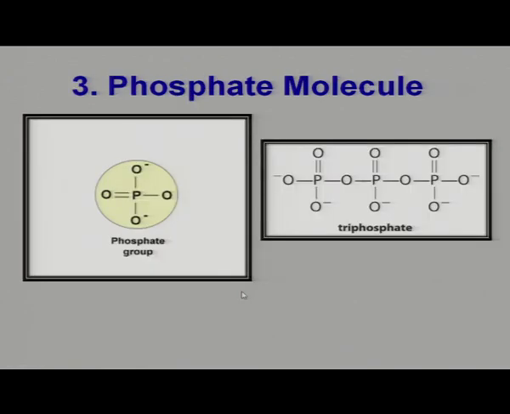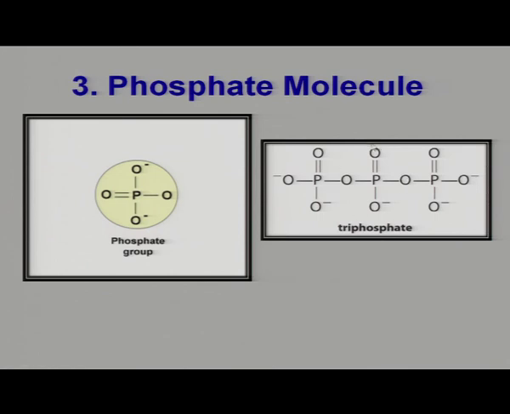The third major component of DNA is the phosphate molecule. When we talk about DNA, there is just one phosphate in the nucleotide. But when the nucleotides combine to form DNA, while synthesizing the DNA, there are 3 phosphate molecules in the nucleotides, but while making the bond, 2 of these phosphates are removed from the triphosphate.